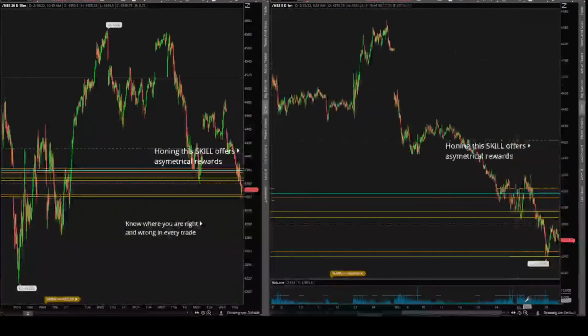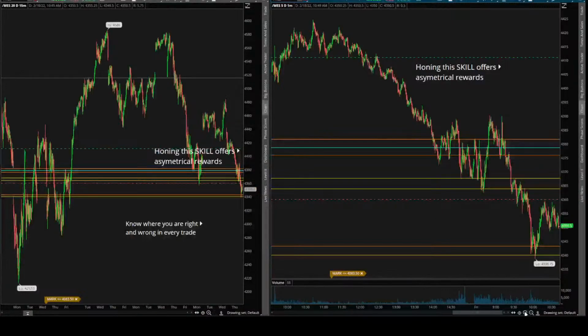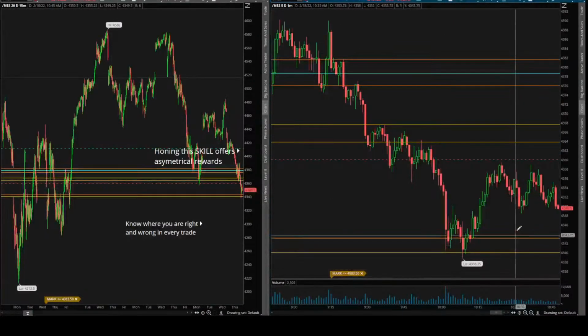How well we break this 50 level. Still in a downtrend. Looking for a bit of a bounce here.